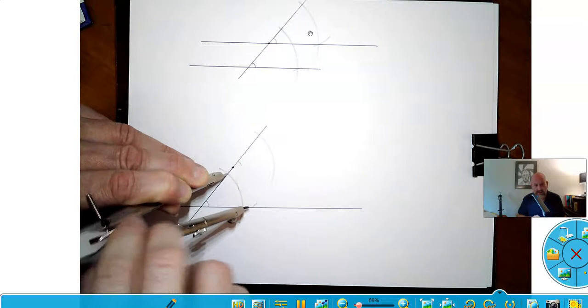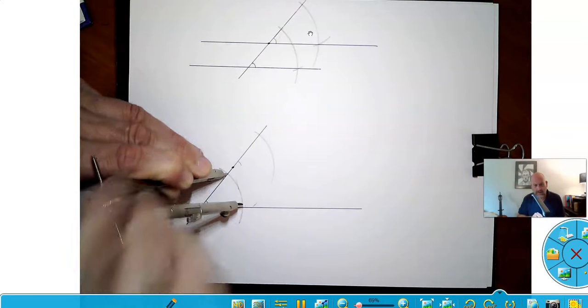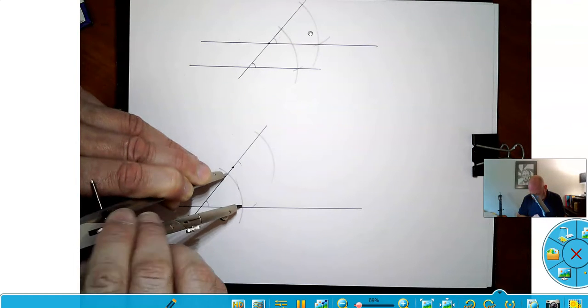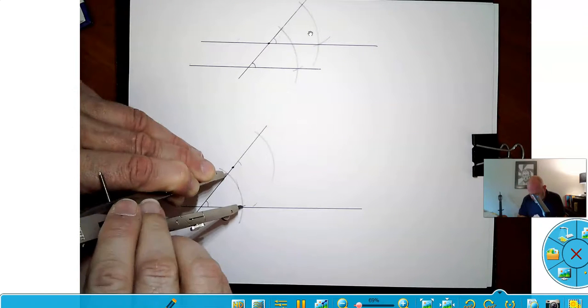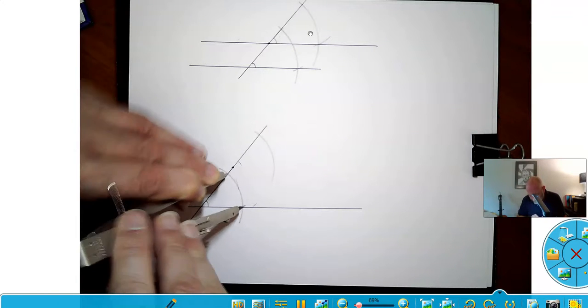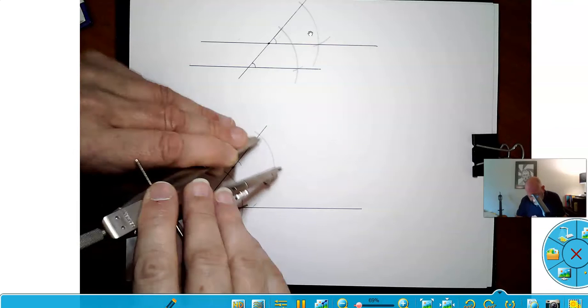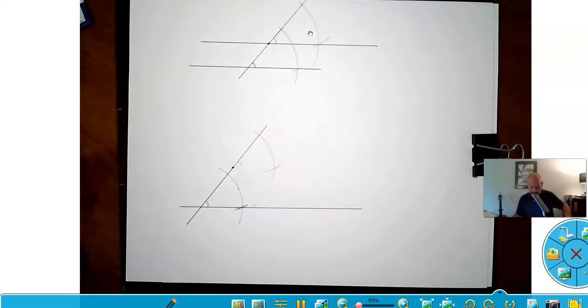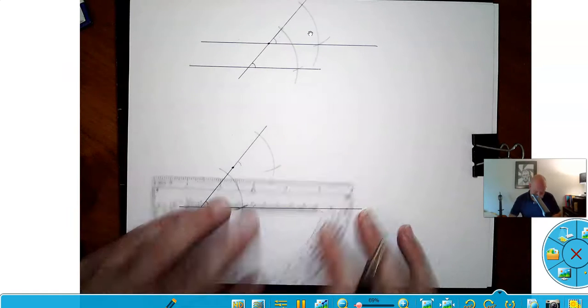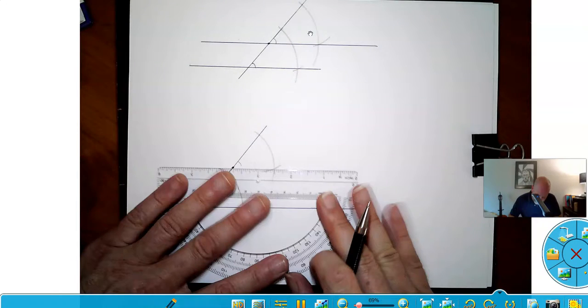So we'll go ahead and close that up. A little bit bigger. There we go. My compass is getting dull. Okay, so we got a compass stroke there, and we just need to draw it in.